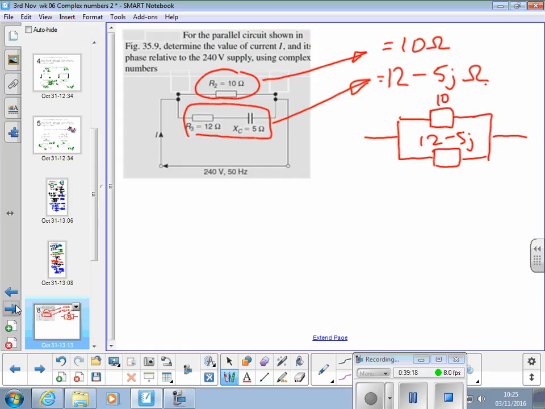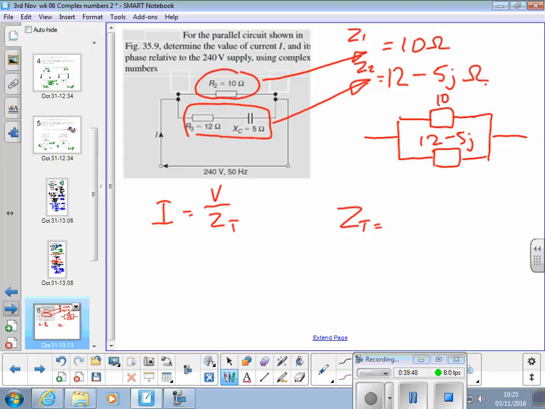If you're going to find the current, I, we need to be able to divide the voltage by the total impedance of the circuit. Now for ZT, I'm going to give you another formula you need to use. Call that value Z1 and that value Z2.